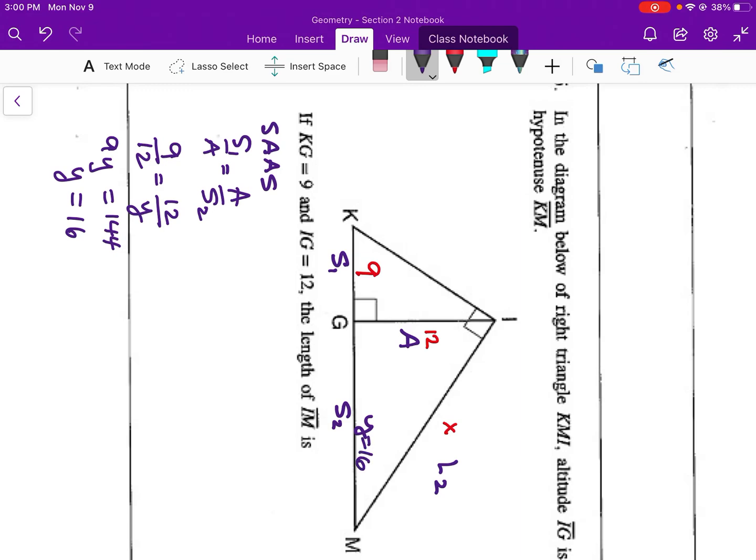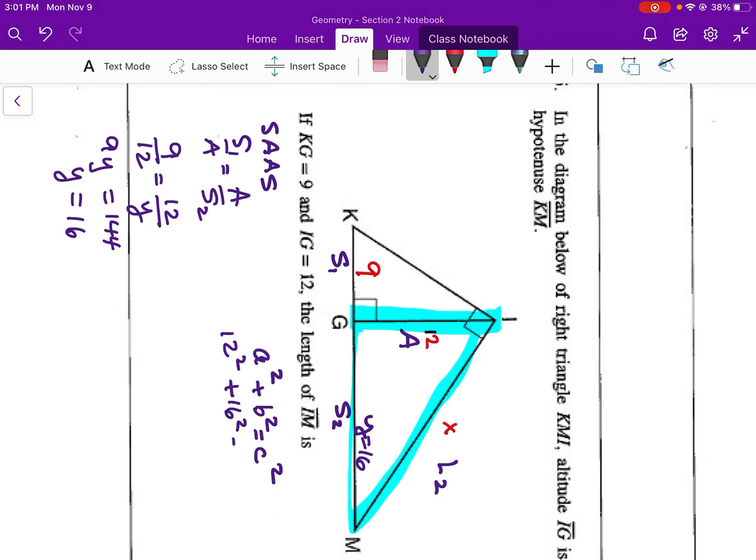Now I have a choice. And personally, what I would do, I notice that this is my right triangle, right? And like in class today, could I just use the Pythagorean theorem? A squared plus B squared equals C squared? You're like, oh yeah, sure. So A and B are 12 and 16. So 12 squared plus 16 squared equals my L2 squared.